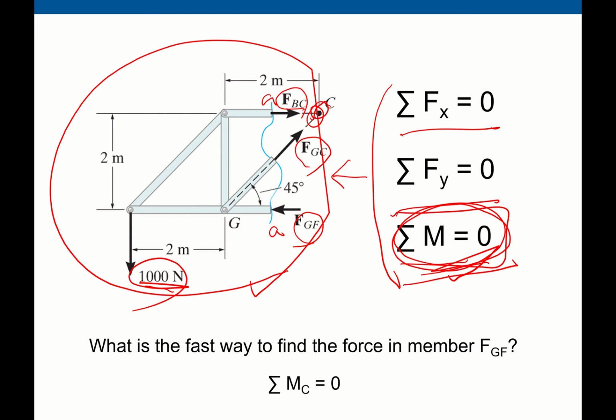So when you calculate the moment at point C, you can directly find the magnitude of GF, and also the direction of the GF.